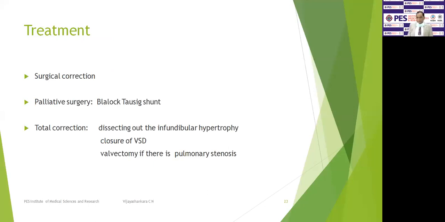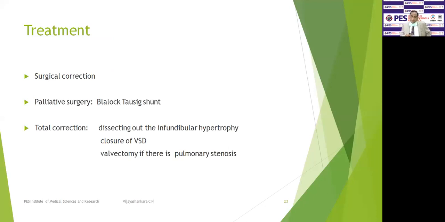Treatment is the surgical correction. That is the mainstay, but once you have diagnosed Fallot's tetralogy, you have to improve the pulmonary circulation, particularly if there is moderate to severe infundibular hypertrophy.